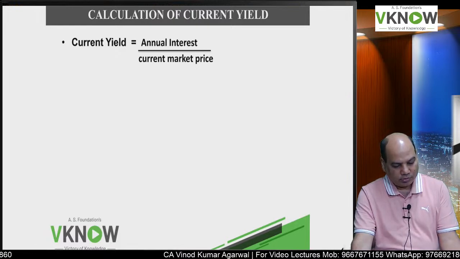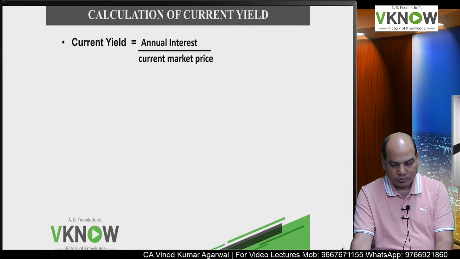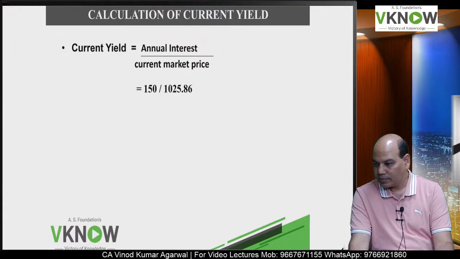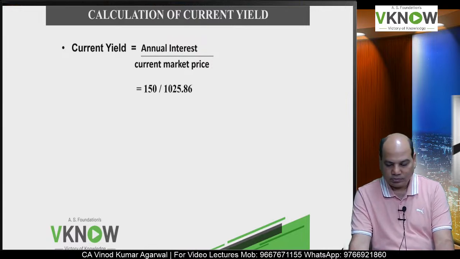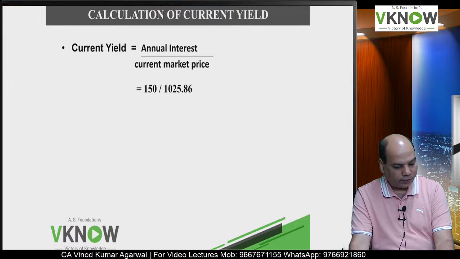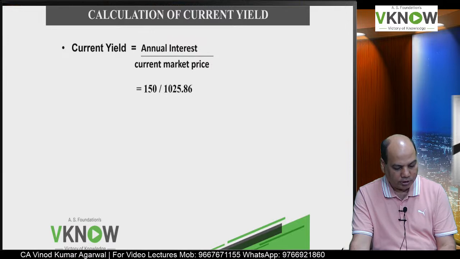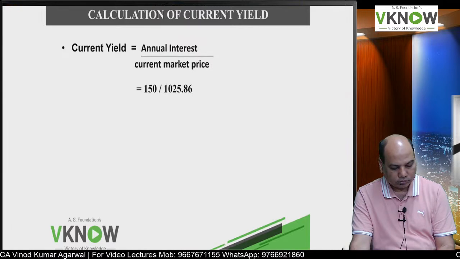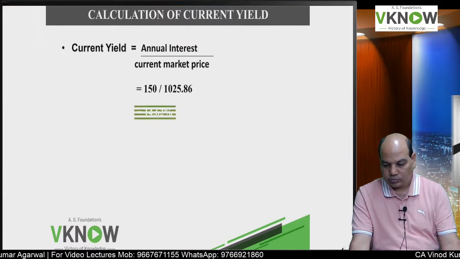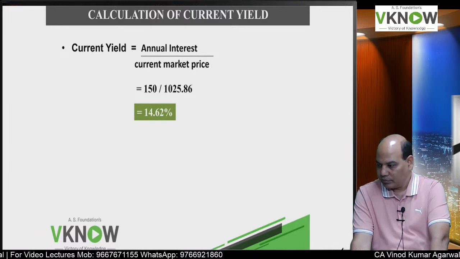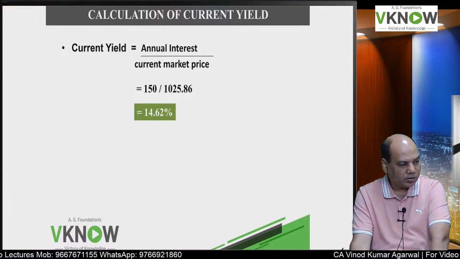Annual interest is 150, and the current market price is 1025.86. So it comes to 14.62%. Is it right? 14.62%.